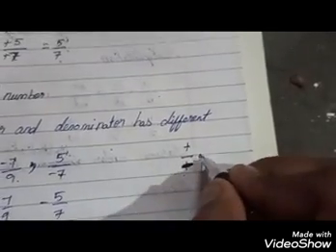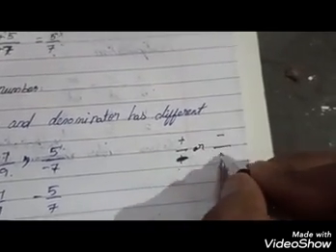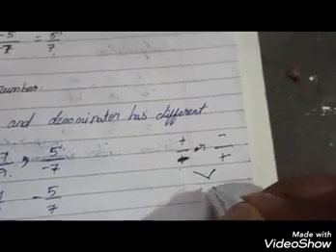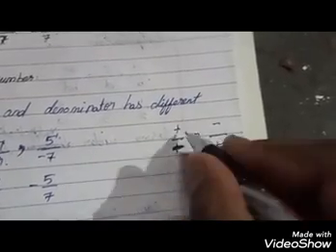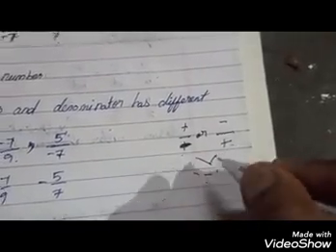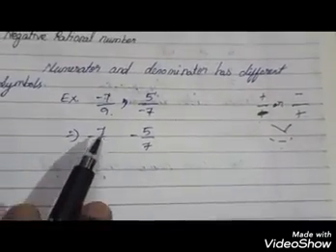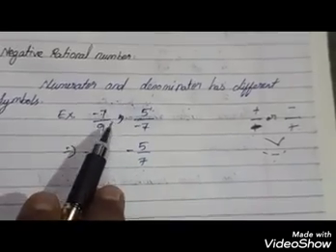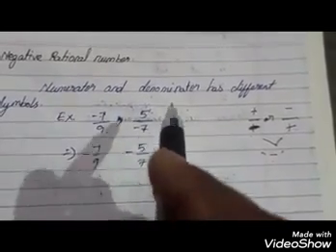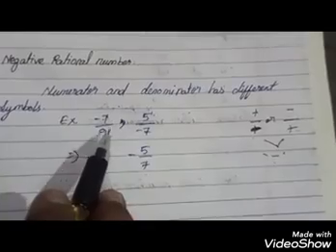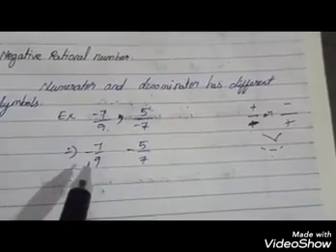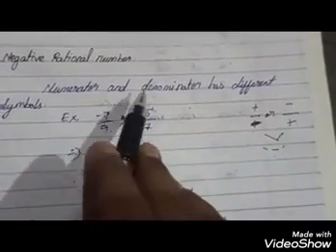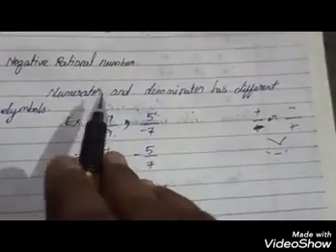Plus divided by minus or minus divided by plus, whatever it is, we get a negative value only. So we write it as minus 7 by 9 and minus 5 by 7. If the numerator and denominator have opposite signs, it becomes a negative rational number.